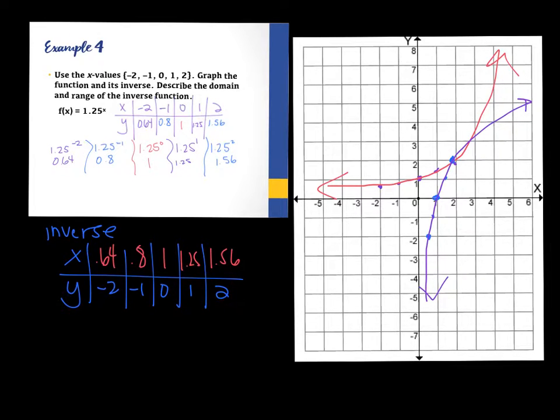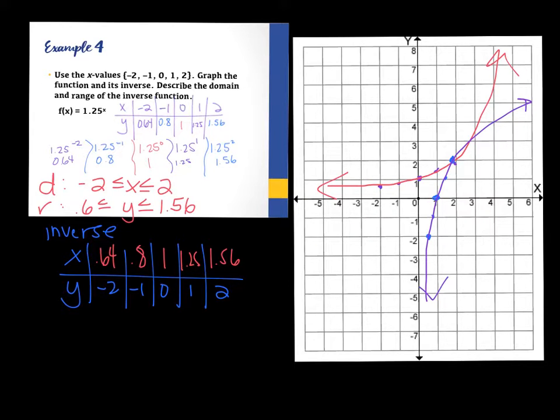What's the domain of my initial function? It's the smallest x, -2. What's the biggest x? 2. And the range, smallest y, 0.64. And the biggest y, 1.56.